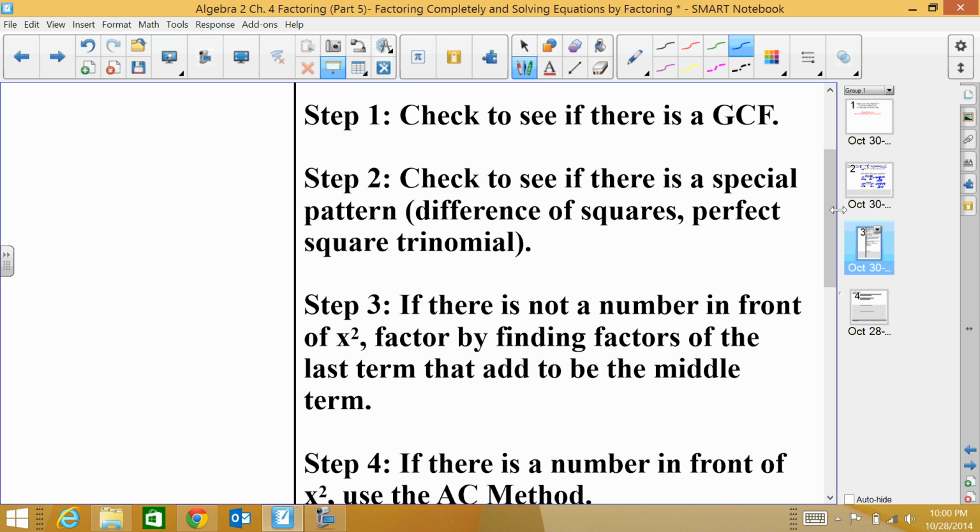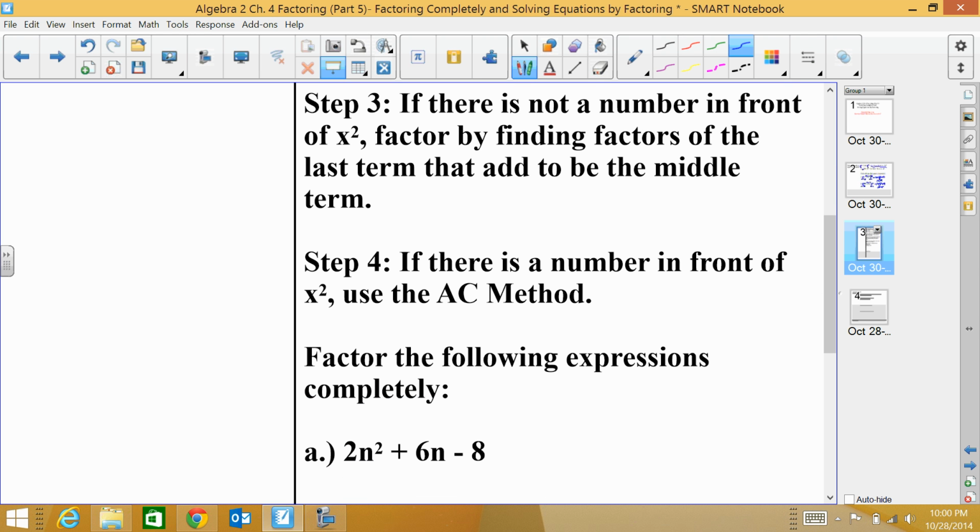Okay, after you've checked for those two things, if there's not a number in front of x squared, so it has a leading coefficient of 1, then you can just factor like normal. So you can find factors of the last term that add to be the middle term. Okay, after that, let's say there is a number in front of x squared.